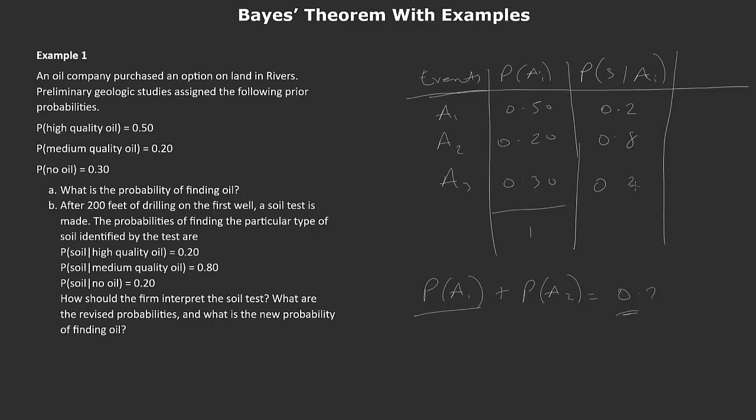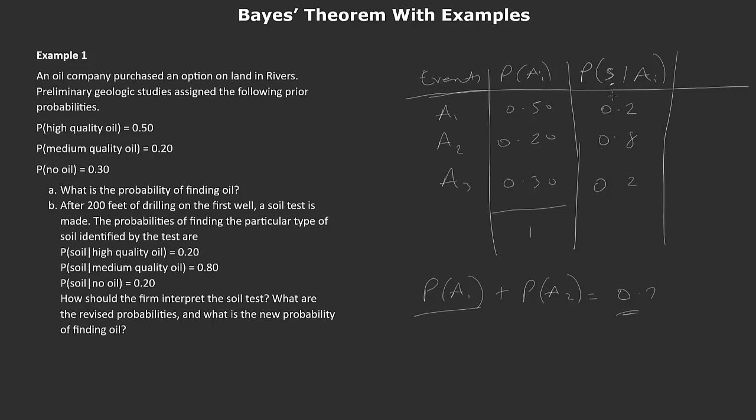What this information is saying is, whenever they found high quality oil, how many times do they come across this particular soil that has been detected? The percentage is 0.2, right? What that means is 20% of the time that they find high quality oil, this soil is detected.